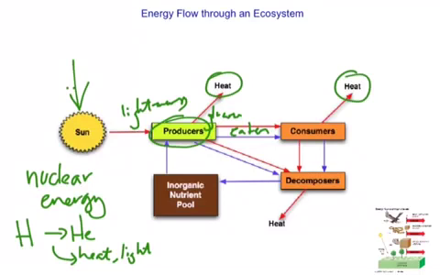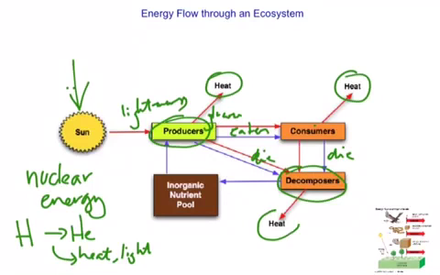Then of course when the producers and consumers die, then the decomposers, that is the bacteria and the fungi mostly, then consume the consumers and the producers. So the decomposers get their energy from the waste material, the dead material of the consumers and producers that have died.